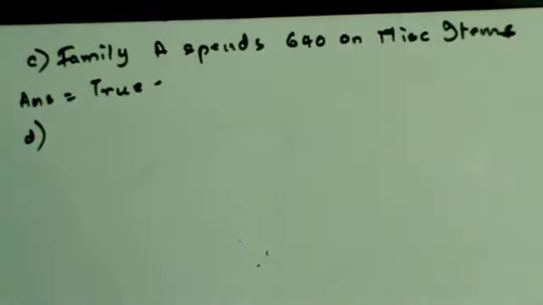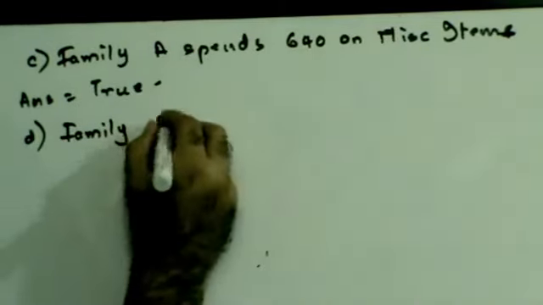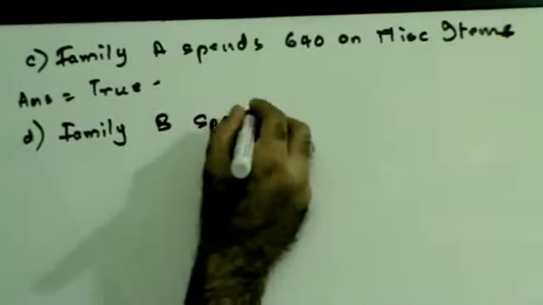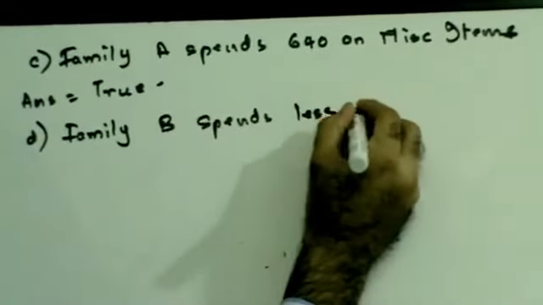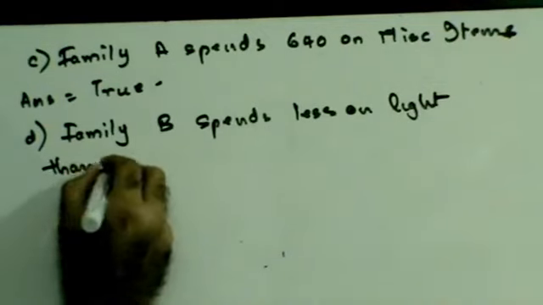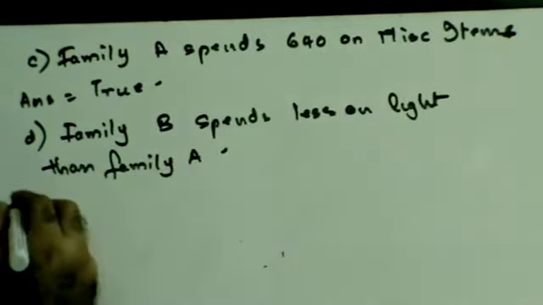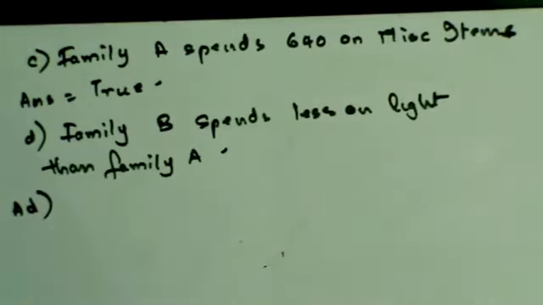Next, family B spends less on light than family A. Now, let's see this.